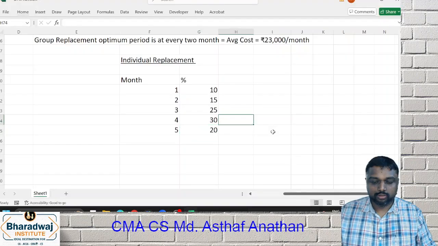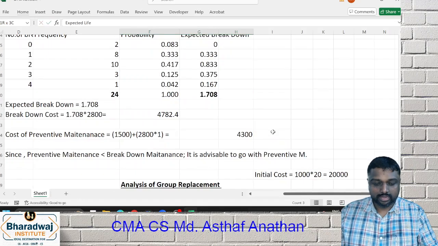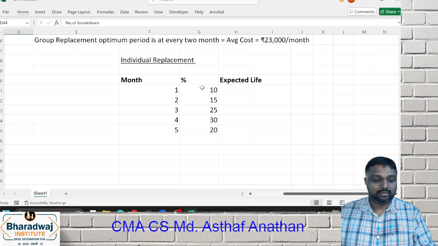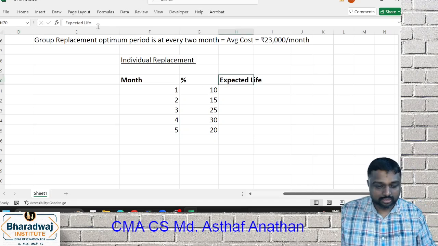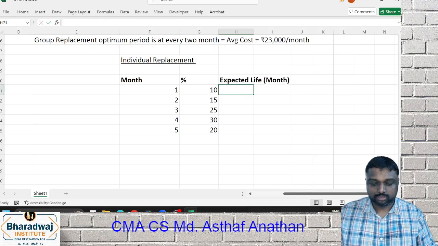Now you can just get expected life. Just like our previous question, if breakdown into probability, expected breakdown. Same way, here expected life in months. Expected life means it is in months only. That is the life of the bulb, sum of the months. So the same logic.